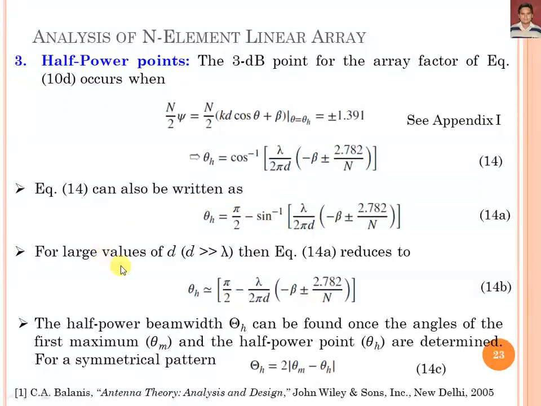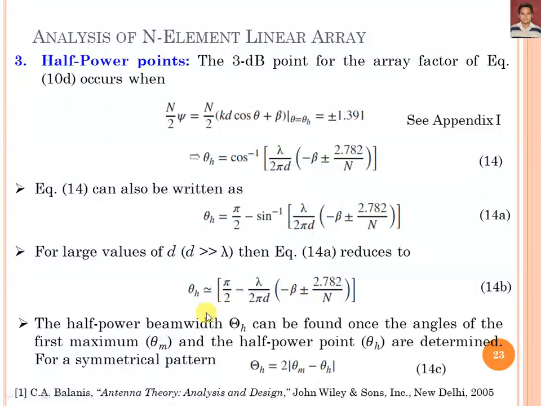For large values of d, if the distance d is greater than lambda, then equation 14a reduces to theta h nearly equal to pi by 2 minus, so we can say sine inverse of theta is approximated as theta, so we can represent it using this expression for large values of d.